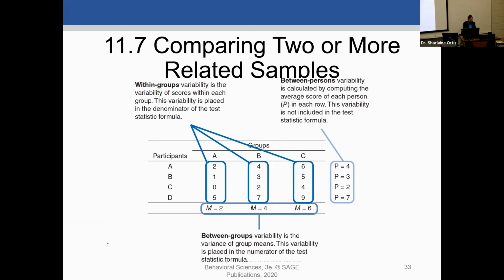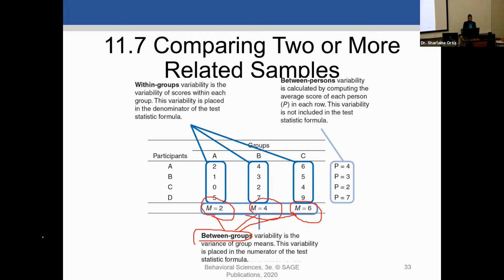Now, let me capture your attention to our second source of variability, and that is between groups. In this specific case, I'm looking at the group means. For group A, this was the group mean. For group B, this is my group mean. And for group C, this is my group mean. That is what we'll be focusing on when we're looking for variability between groups.